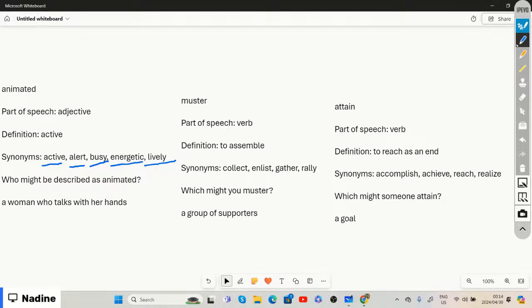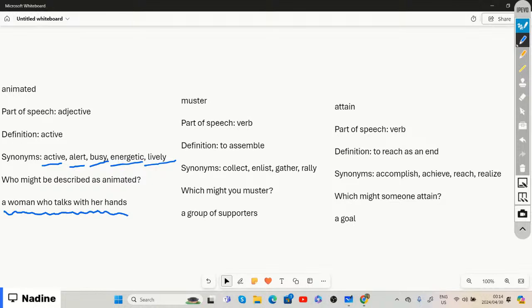All right. Before we go to another word, it says who might be described as animated. Someone or something that might be described as animated is a woman who talks with her hands.